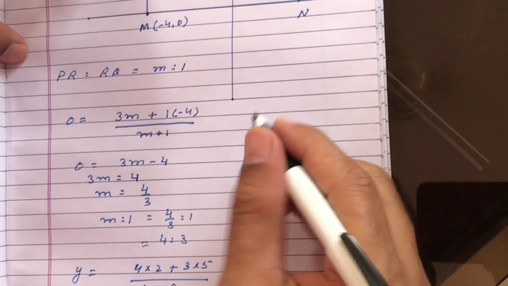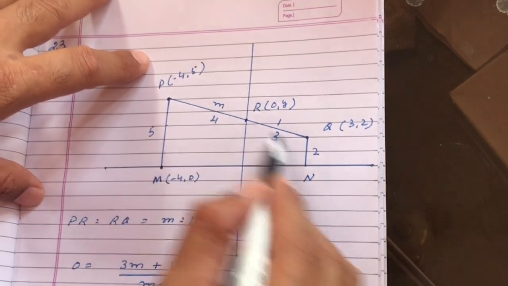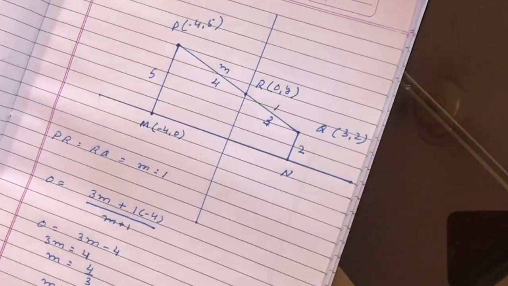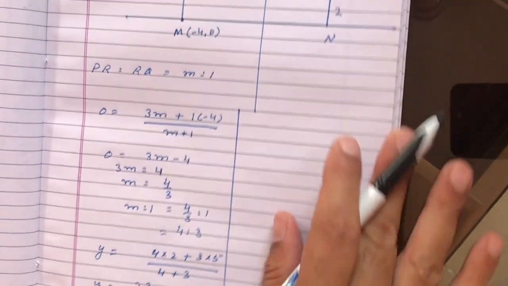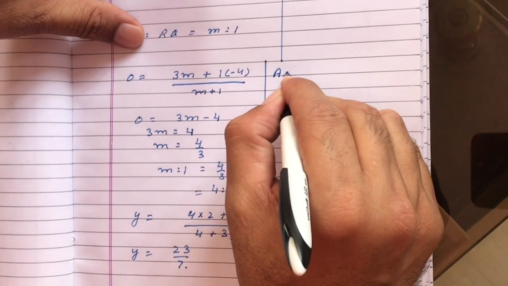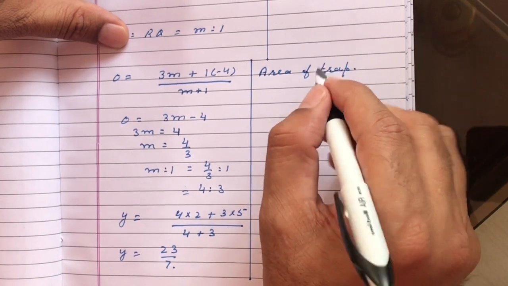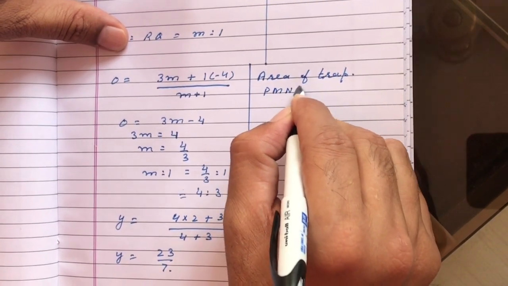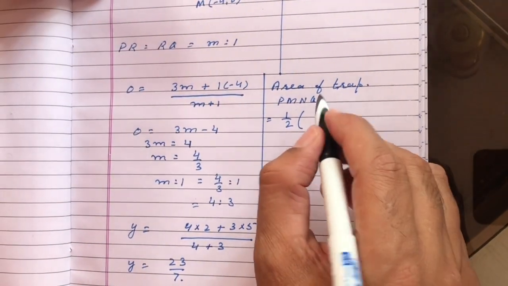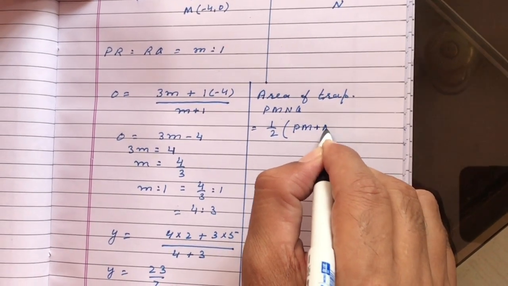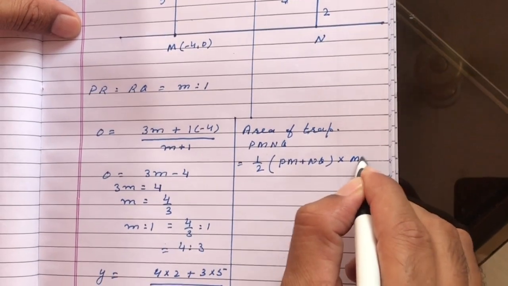Then I have to find the area. This is a trapezium. Two lines are parallel, two are non-parallel. So I do it here so that you can see the diagram alongside. So the area of trapezium PMNQ is half into the sum of parallel sides PM plus NQ into the distance between the parallel sides, that is MN.